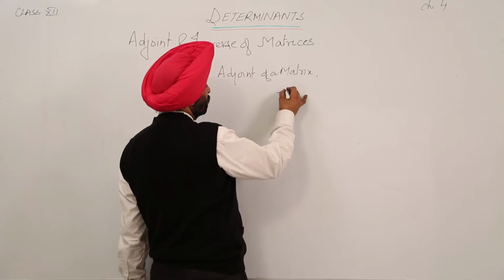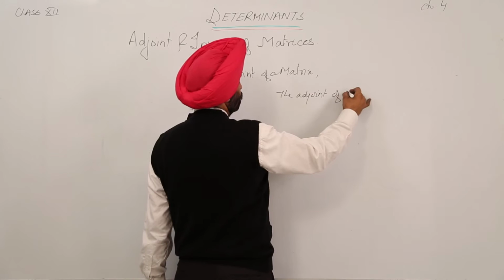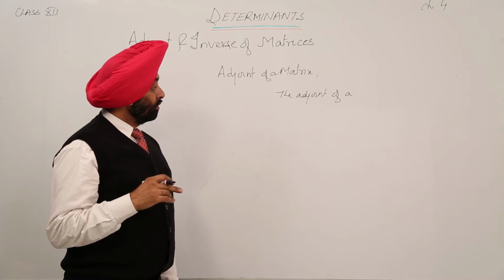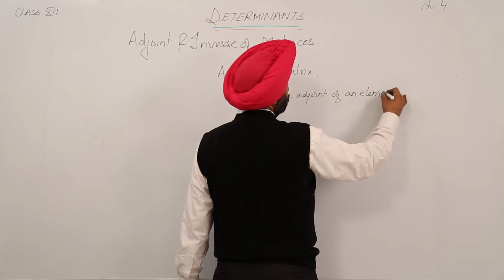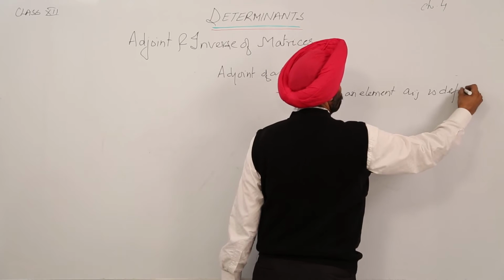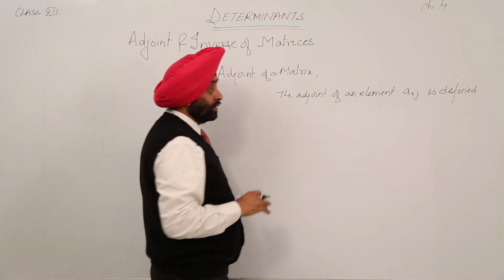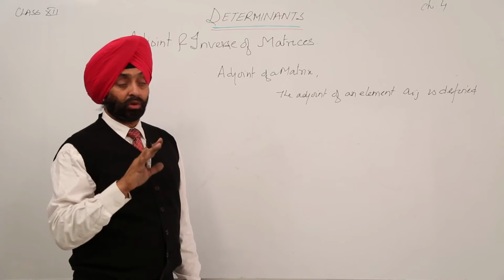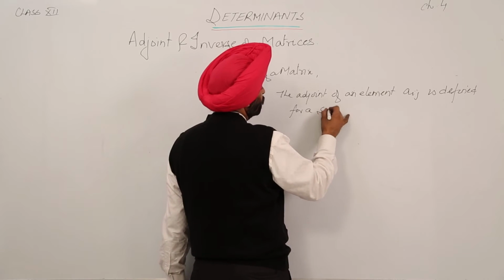The adjoint of an element Aij is defined. Now adjoint is always defined for a square matrix.